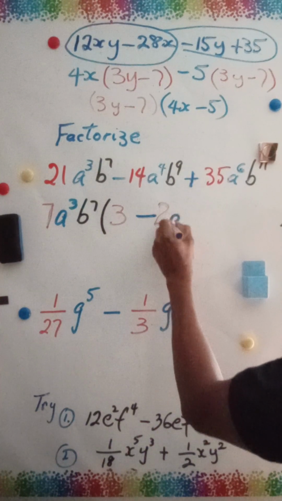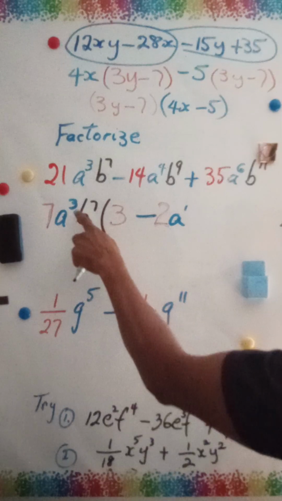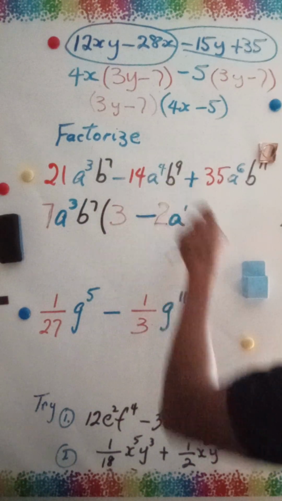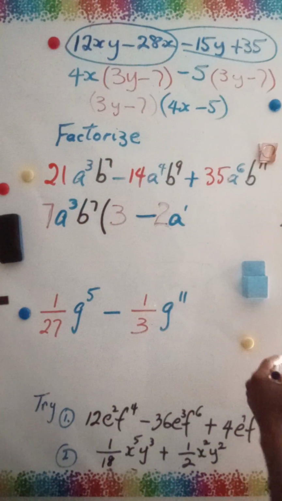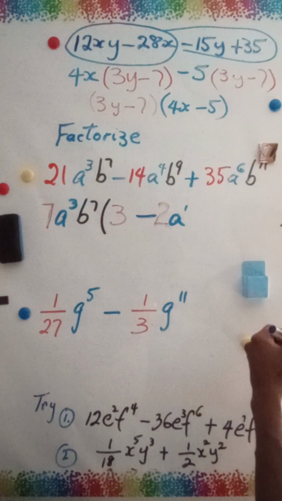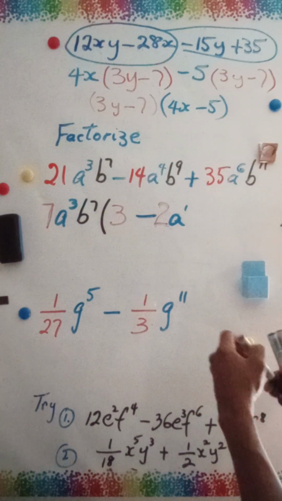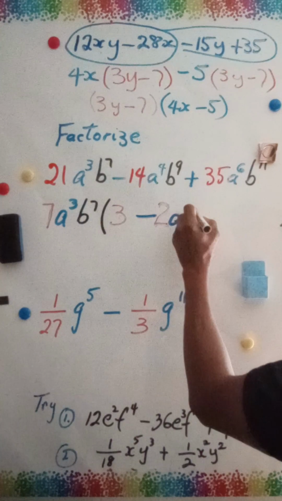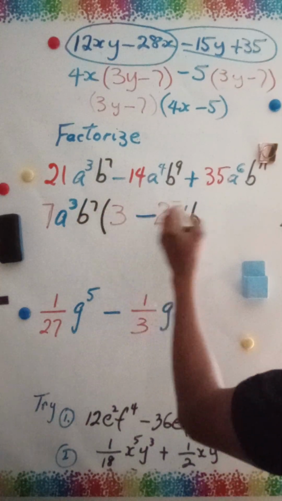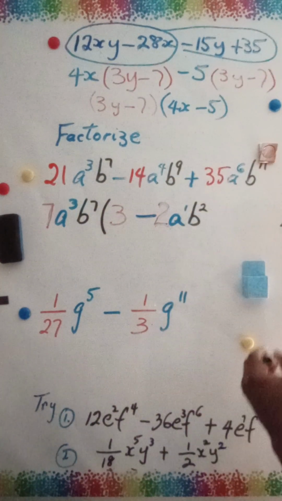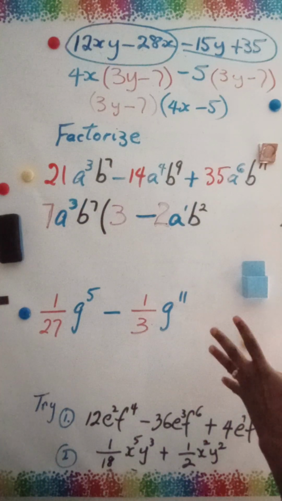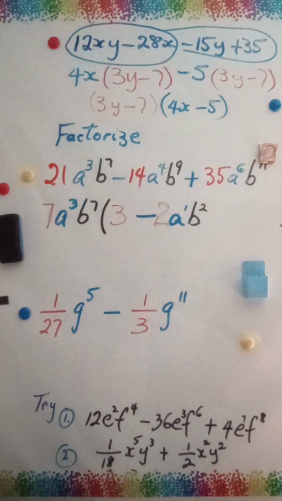That's a, because there's a 1 here, and 3 plus 1 is 4. Remember your indices. And what is b to the 7th into b to the 9th? In other words, 7 plus what gives 9? 2. So please note what's going on in the color coding approach.